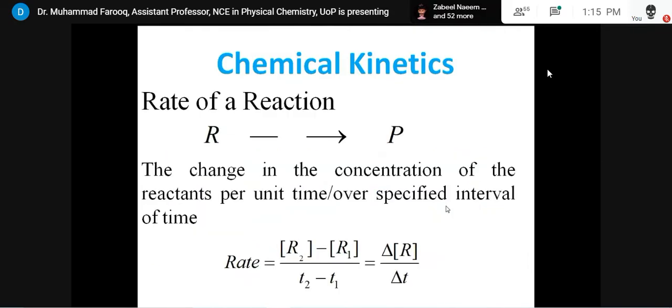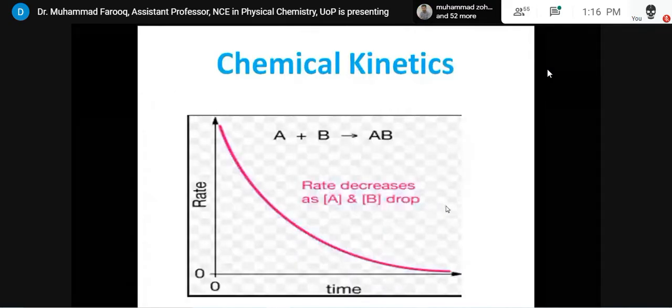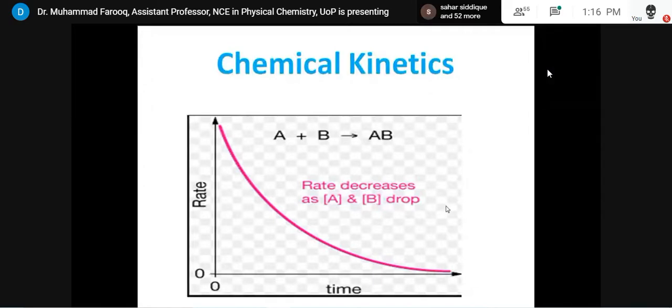So after that, what is the rate? For example, R goes to product P. So R is a reactant and P is a product. We define, for example, at T1 the concentration of the reactant is R1. And at T2, after some time, you can see initially at zero the concentration of A and B is very high, but after some time it becomes lower.